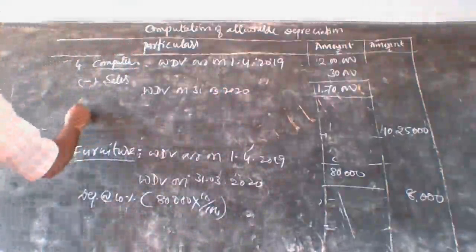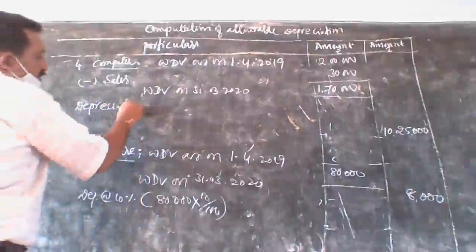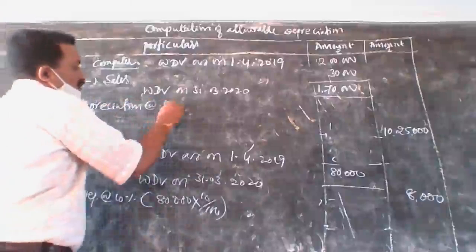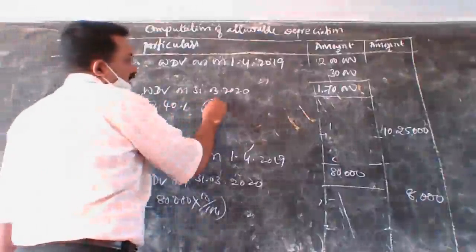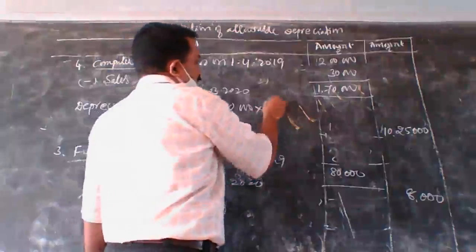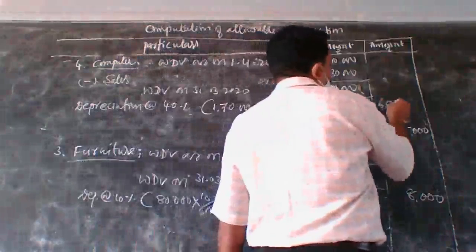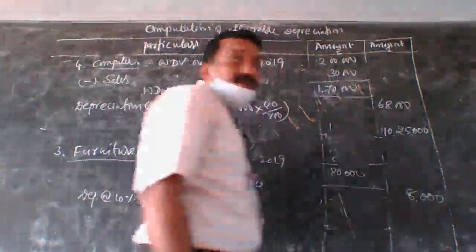What is the rate of depreciation for computer? Depreciation at 40% on 1,70,000. How much? 68,000.